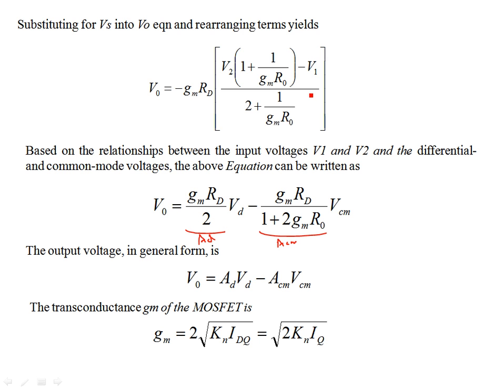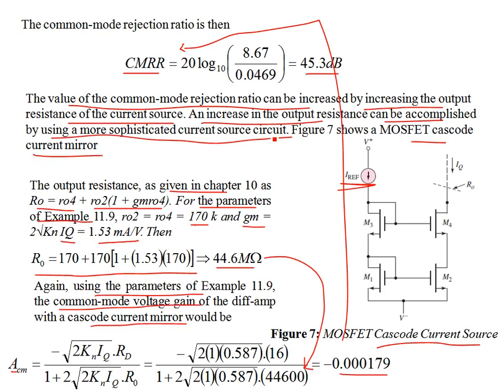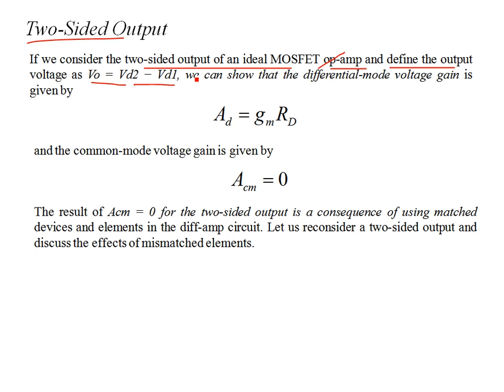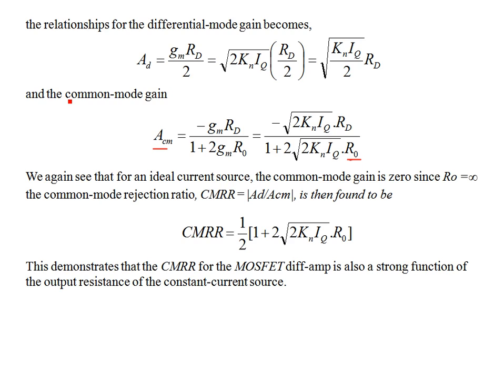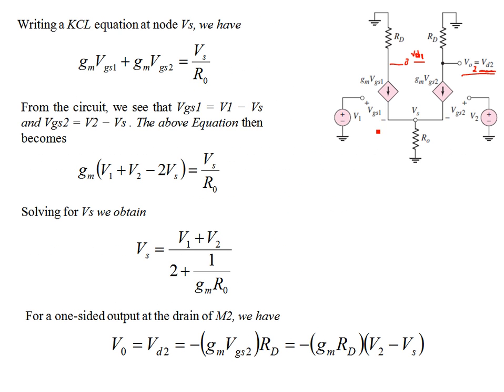But now if you carry out the same analysis, you will find that for two-sided output, when V0 is VD2 minus VD1, we can show the differential mode voltage gain, starting with the KCL at Vs node, and then formulating an expression for Vs, and then putting this into the output voltage.